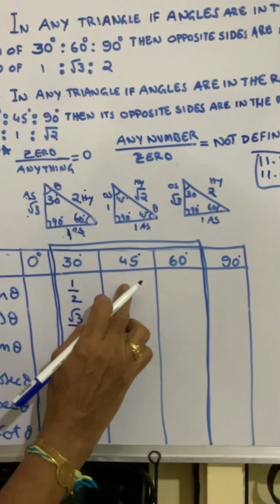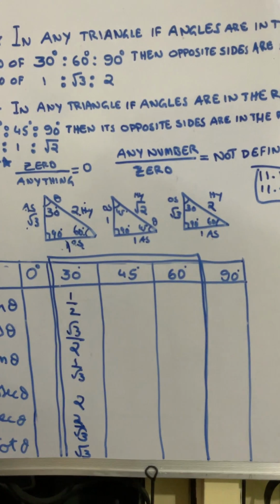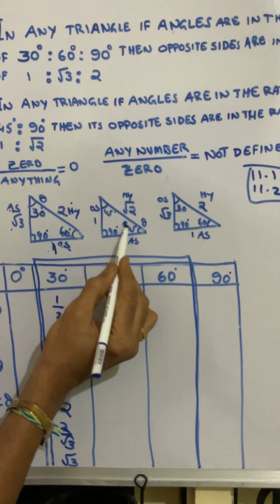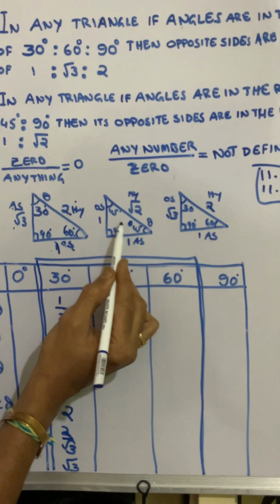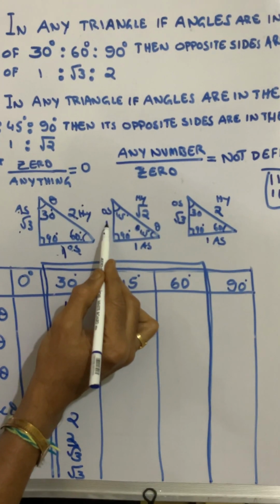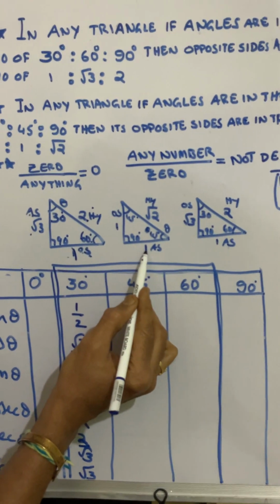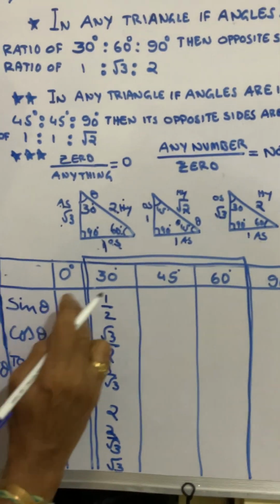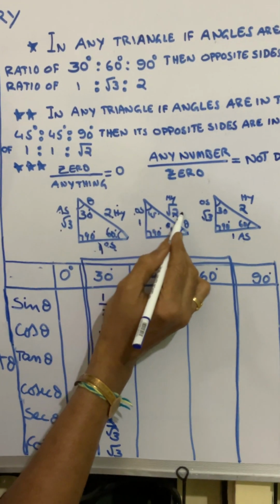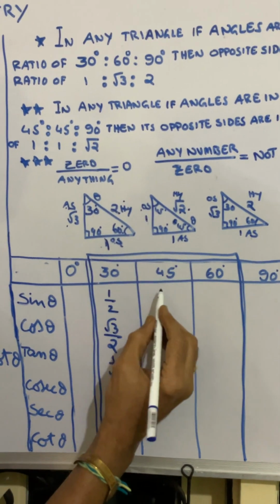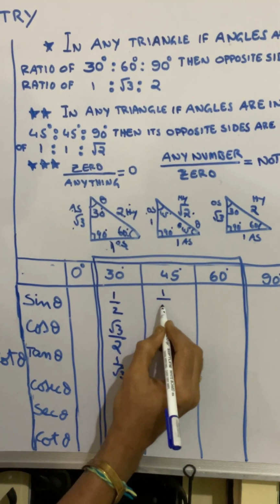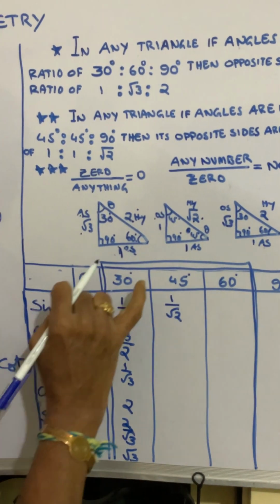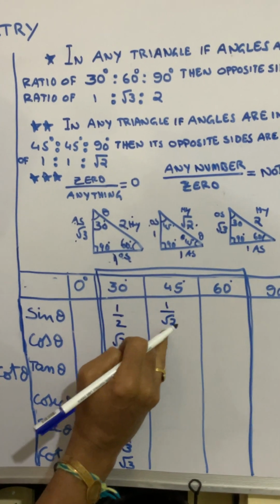Similarly, here 45 degrees. Take theta anywhere you like. The opposite side is 1, adjacent side is 1, hypotenuse is root 2. Sine is opposite side by hypotenuse, so sine 45 is equal to 1 by root 2.